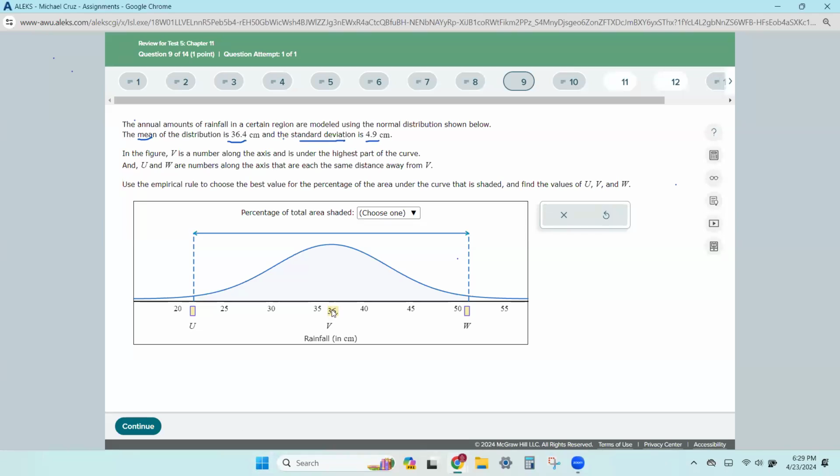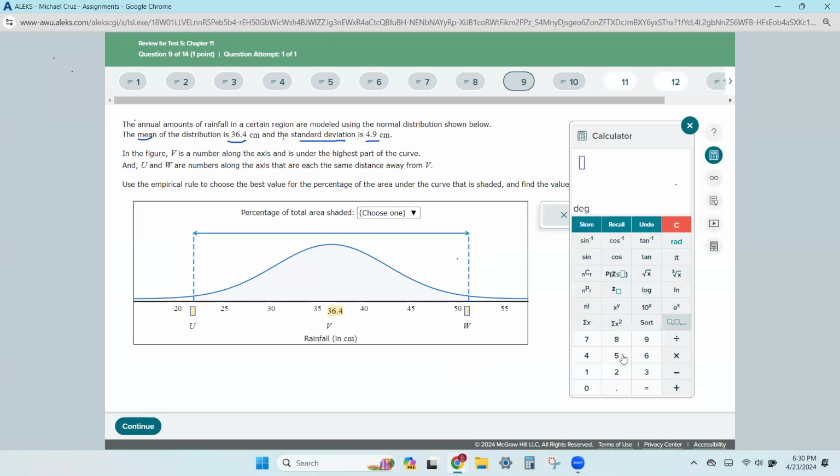So we're going to put 36.4. Now, 4.9 is the standard deviation. So each standard deviation is going to be 4.9. So I'm going to put the mean in there.